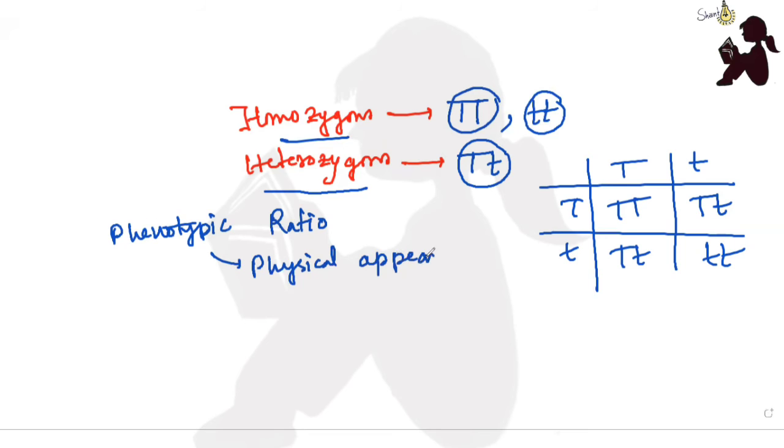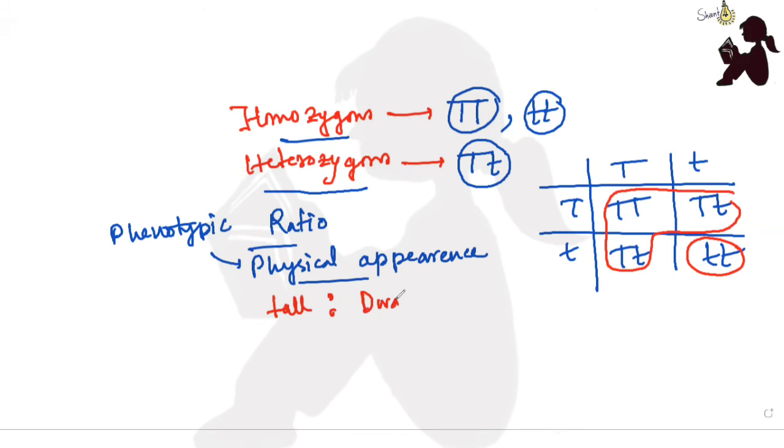Okay, so here the physical appearance showed a ratio of 3:1, means three tall, then another one is short. So here the phenotypic ratio tall to dwarf is 3:1. And also he stated the genotypic ratio.